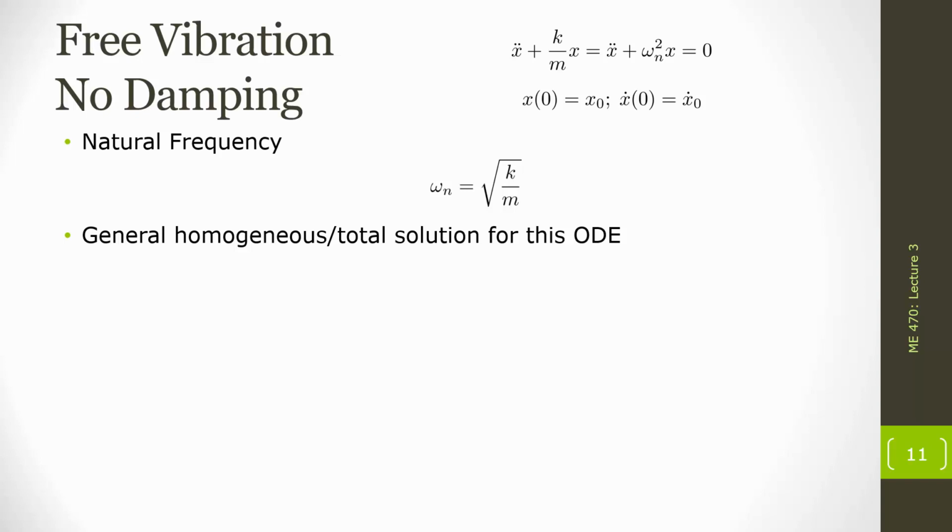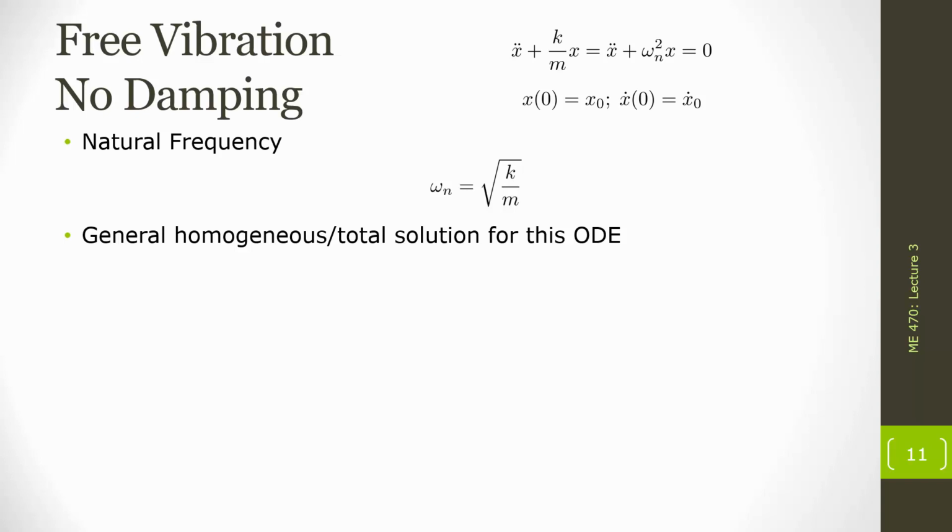Now, in this section where we're dealing with free vibration, our right-hand side of the equation is always 0. So we have the situation where our total solution is the homogeneous solution. There is no particular solution because there is no forcing. So in these free vibrating scenarios, we only need to find this homogeneous solution.